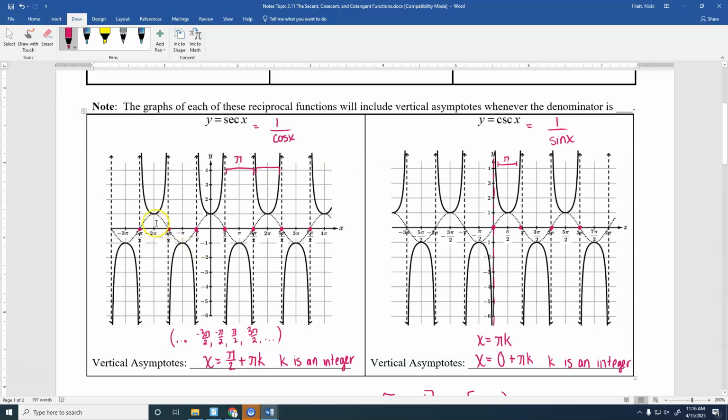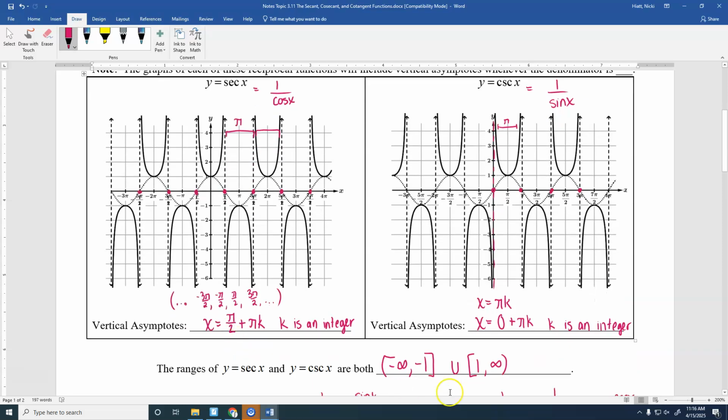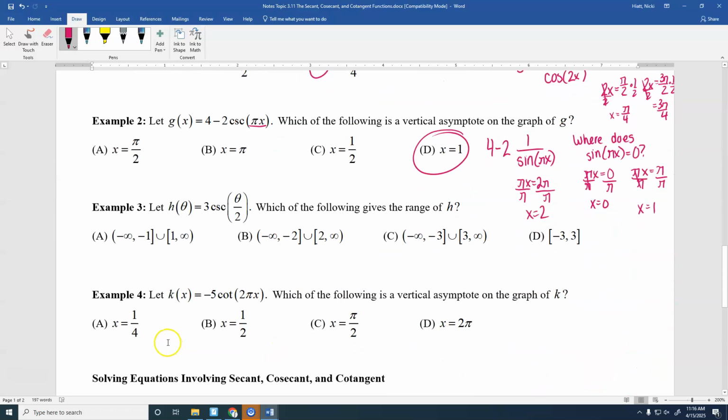So like right here, our range for both of these was from negative infinity to negative 1 and 1 to infinity. If I were to think about the sine function that goes with this graph, when I change the amplitude of that graph, that makes that sine function taller, right? That means that your cosecant graph has a bigger gap in the middle so that that graph can fit.